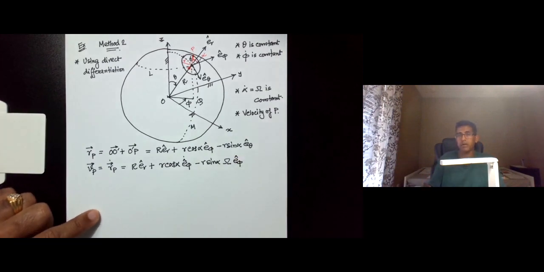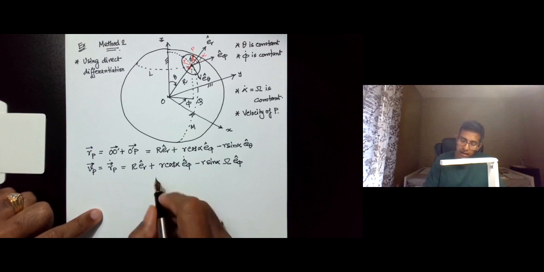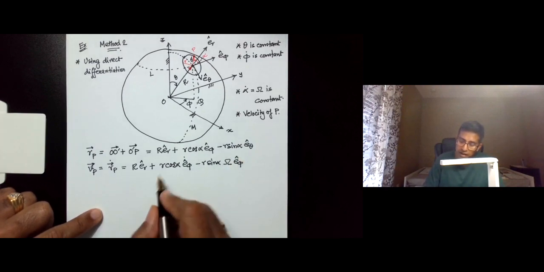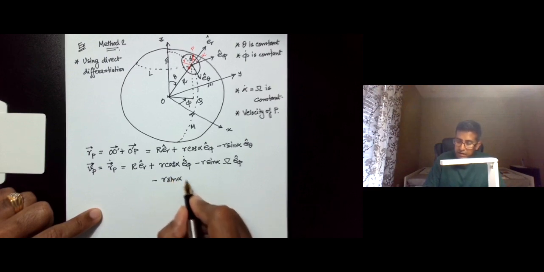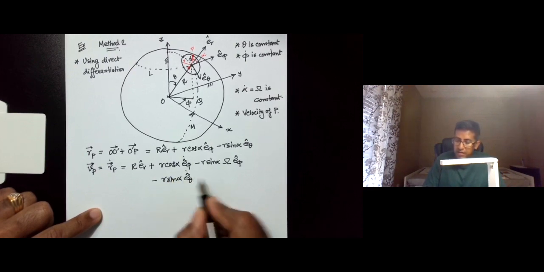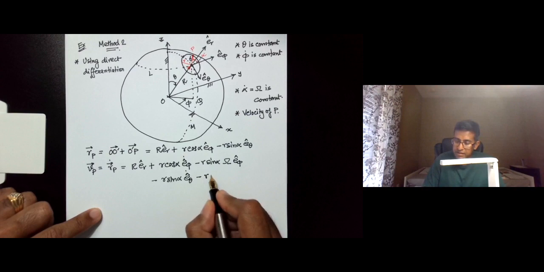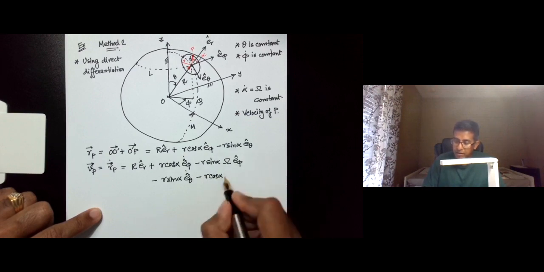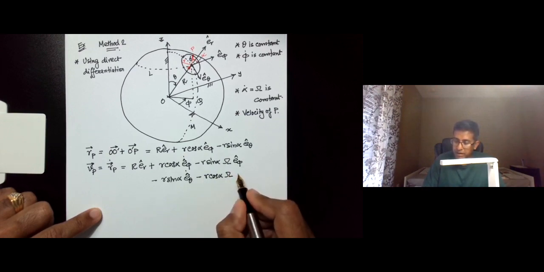So we are using the multiplication rule of differentiation, and now we have the last term, so we will do minus R sine alpha E theta dot minus cosine alpha dot, which is capital omega, E theta.